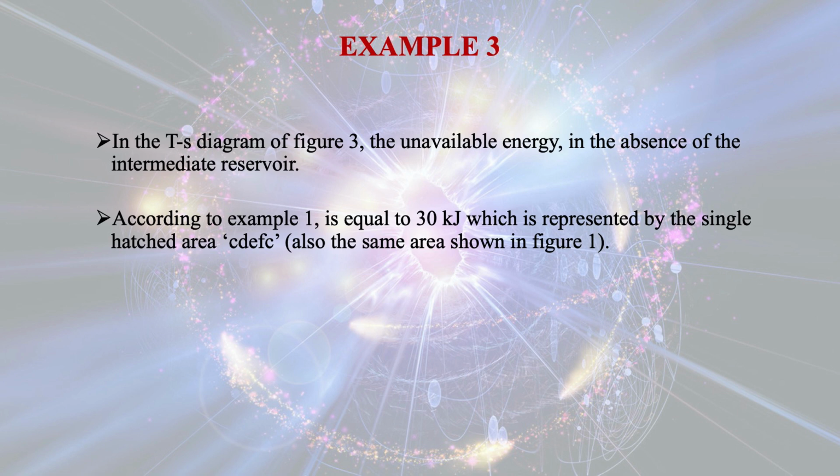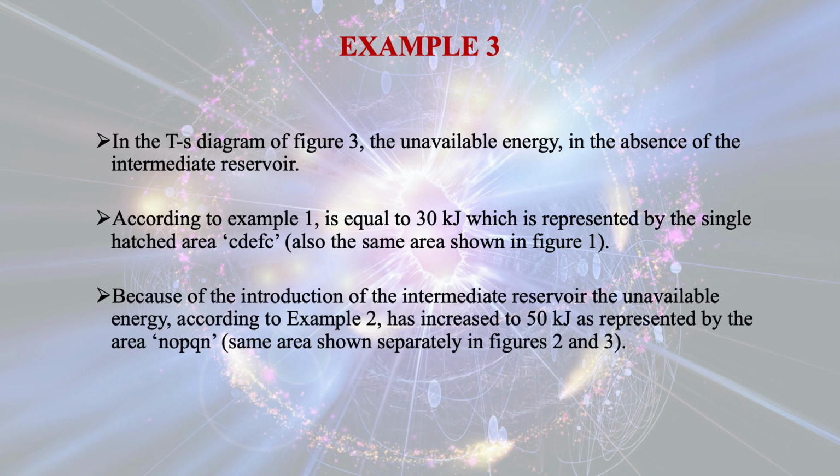Also the same area is shown in figure 1. Because of the introduction of the intermediate reservoir, the unavailable energy according to example 2 has increased to 50 kilojoule as represented by the area NOPQN, the same area shown separately in figures 2 and 3.